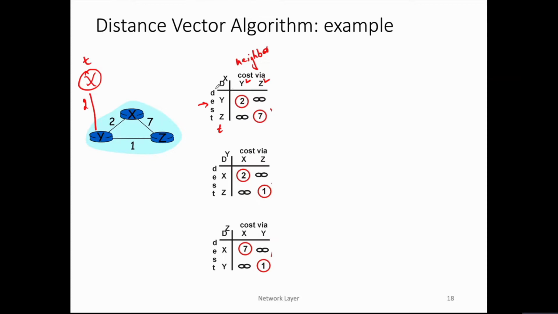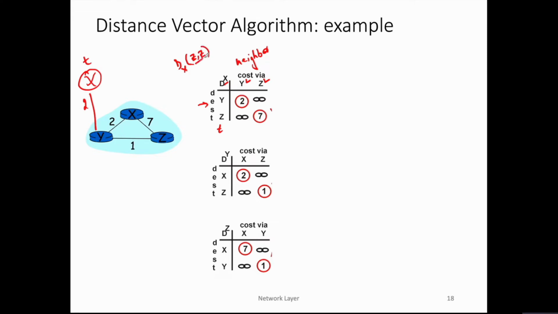And look at this cost, and also learn how we're going to read it. The cost to reach from x to z via z.